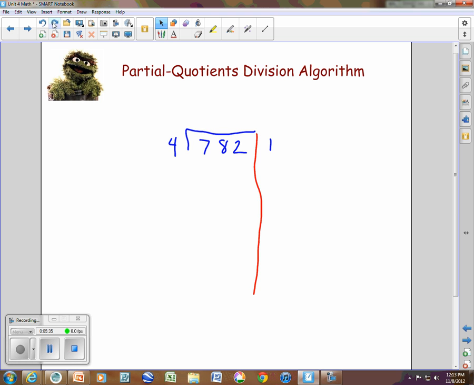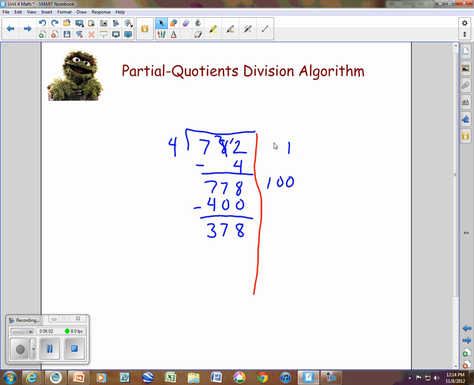The first thing is I showed you that if you took chunks of 4, which would be 1 times 4, that would be a lot of chunks that you'd have to take. And we'd go from 782 only down to 778. So it's better to take a bigger chunk. And I thought, well, why not take a chunk of 100? 100 times 4 is 400, and that's a lot bigger bite.